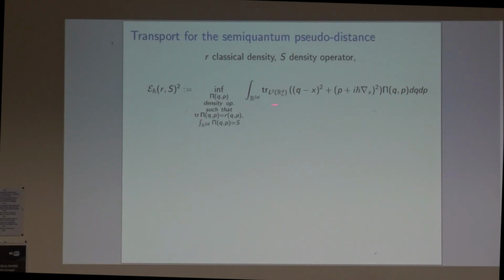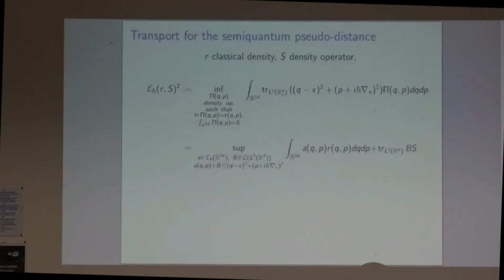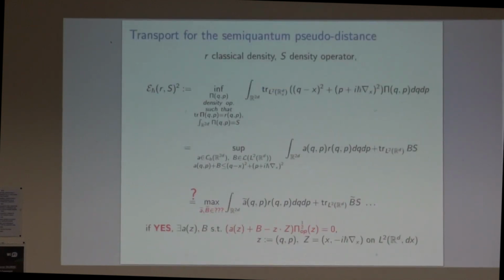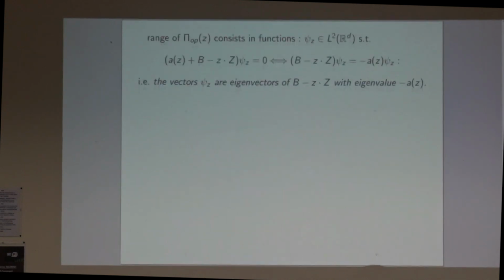And on the other side, I will keep the classical variables Q and P, and I will have a trace for the part which corresponds to this, and just an integral for the part which corresponds to that. You define this. You have properties which are very close to the preceding one. And at the end, what you get is a transport exactly as we had before. I have to hurry up.